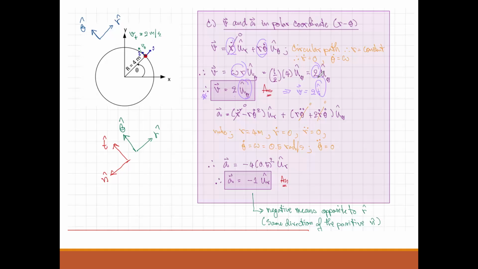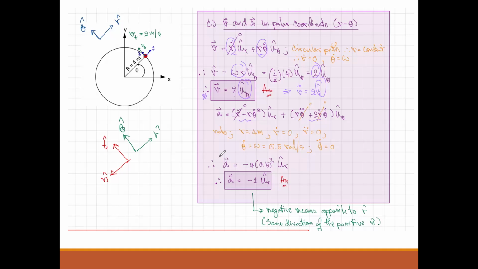When we move to the acceleration in polar coordinates, we use the formula again, and we start by deriving the derivative term for each. According to the constant radius, the terms are reduced, and you find the acceleration for this case in the polar coordinate system.